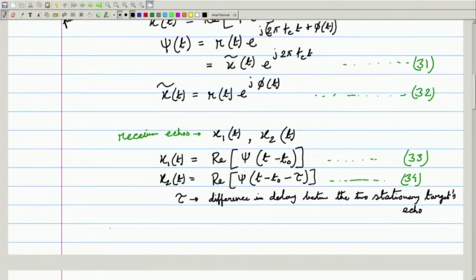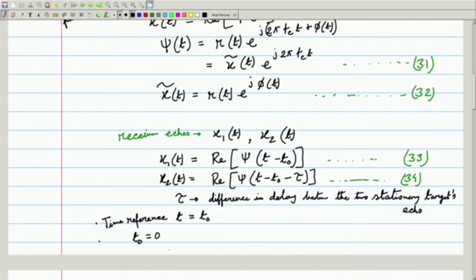Now, suppose we make that time reference for my whole case at t equal to t naught, and without any loss of generality, I may say let us make t naught equal to 0, otherwise every time I will have to go on writing t naught.